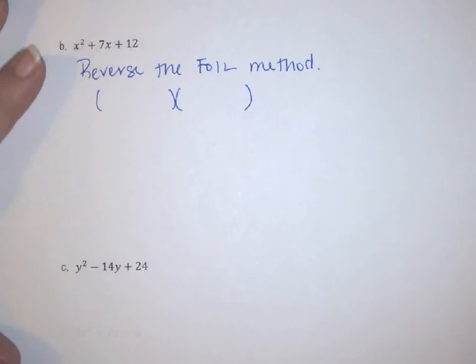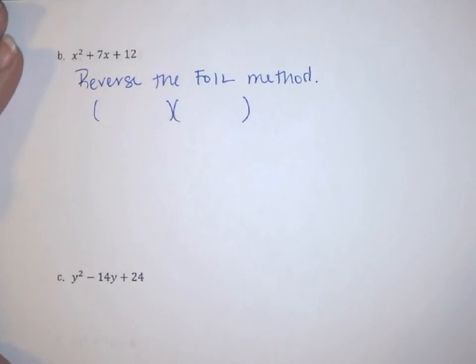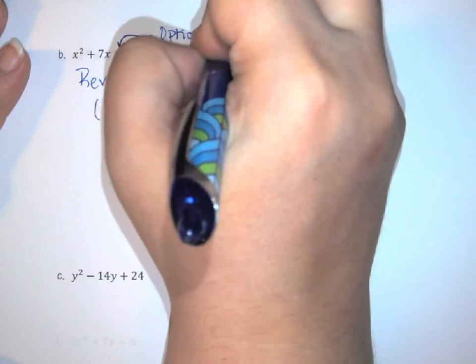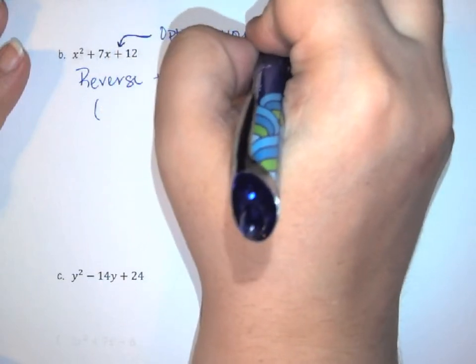Now, there's a couple rules that you need to follow. This back sign right here tells you the options you can choose from.